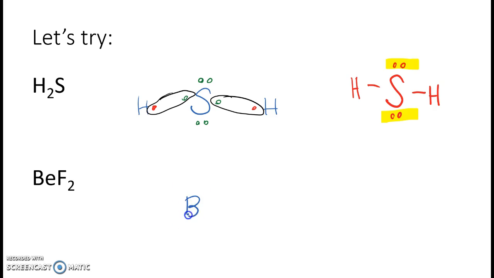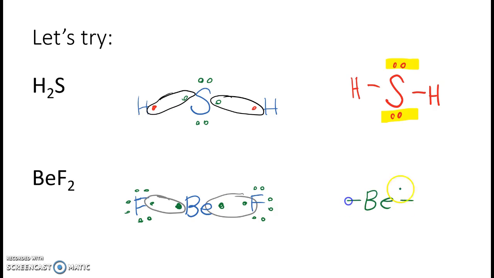The next example, we have BeF2. Again, the element that's by itself will go in the center. Beryllium has 2 valence electrons, and then fluorine has 7. So we're going to be able to form a bond here and a bond here.